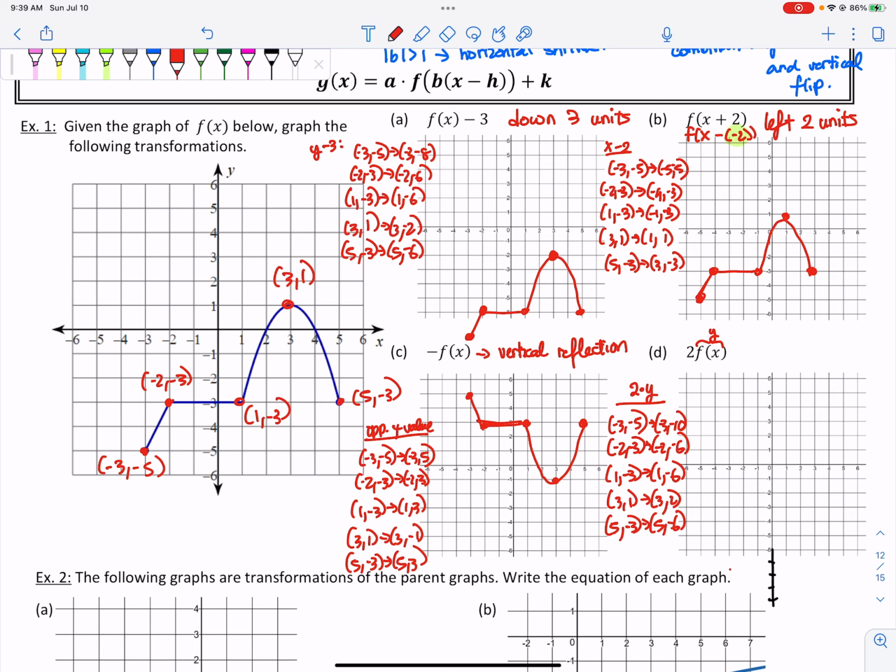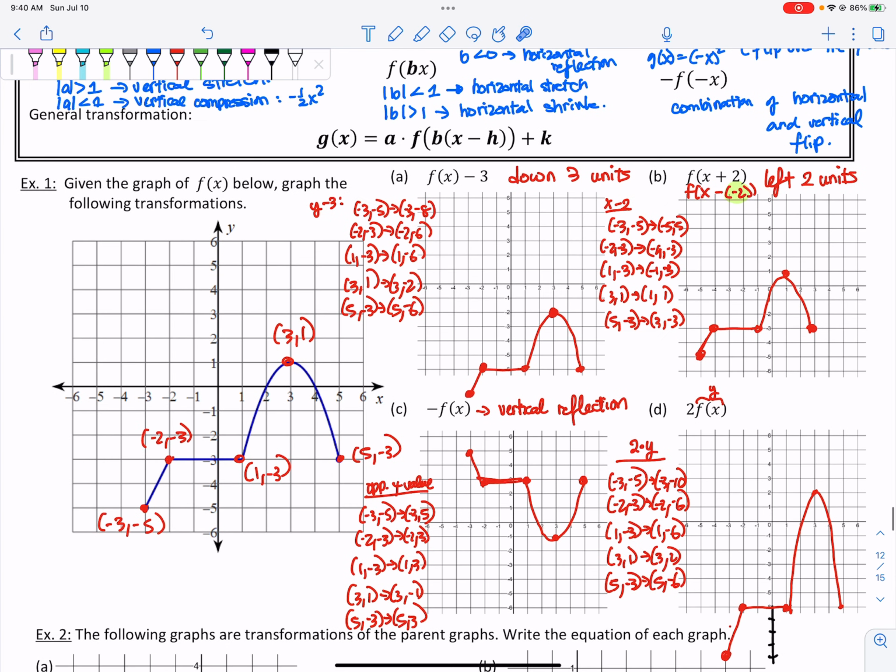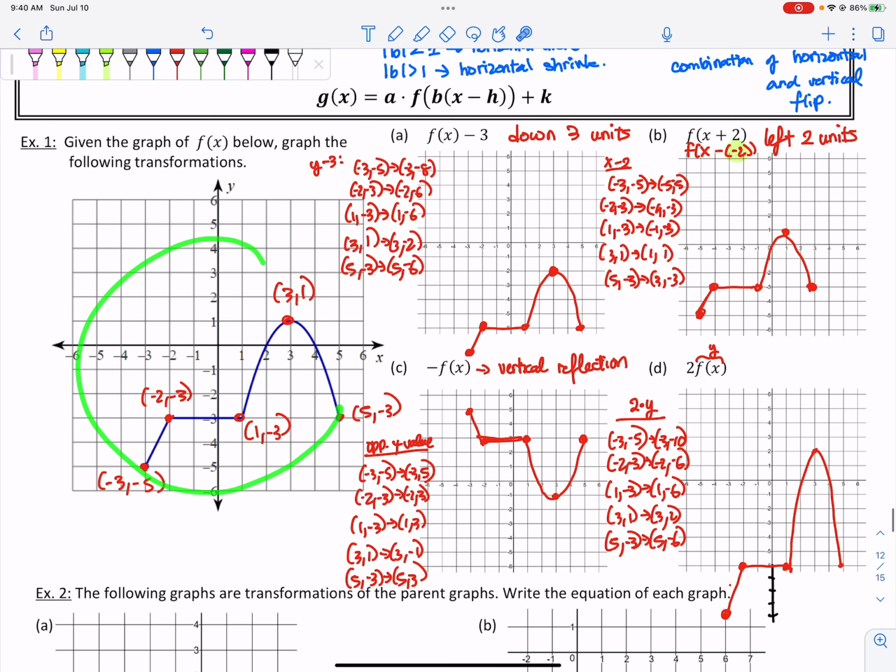Then we have (-2, -6), (1, -6), (3, 2), and (5, -6). And then just connect these points. Notice that vertically it's stretched out. All right, so this is how we take a graph of the original function and perform some of the transformations based on the formula that's given to us.